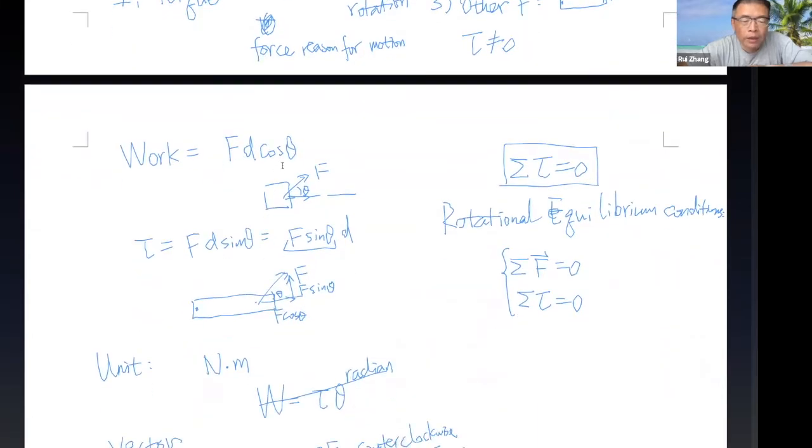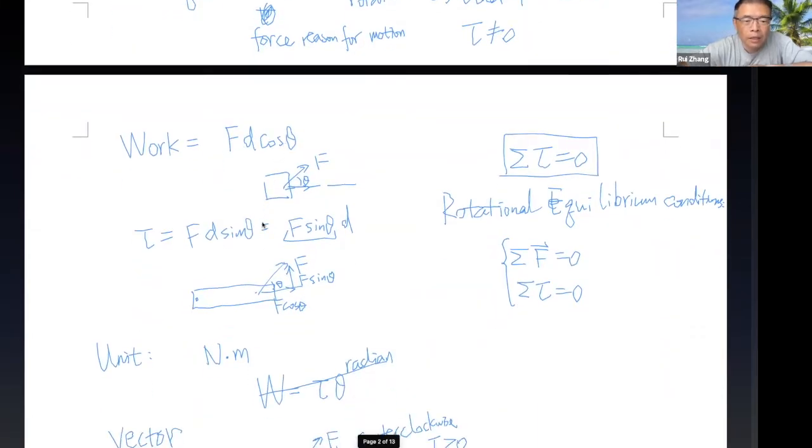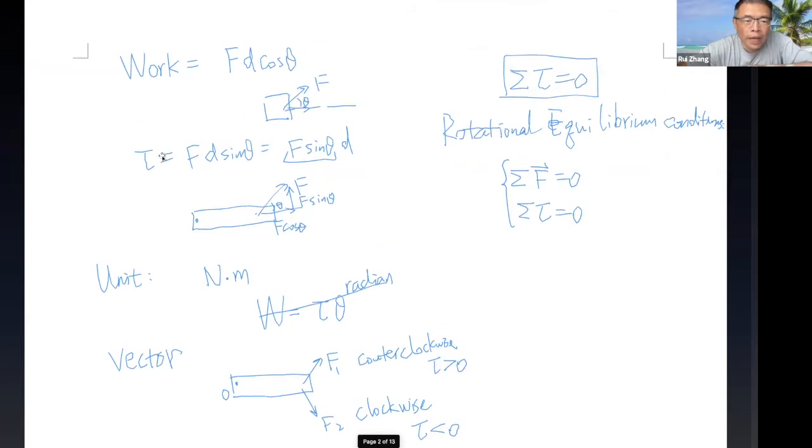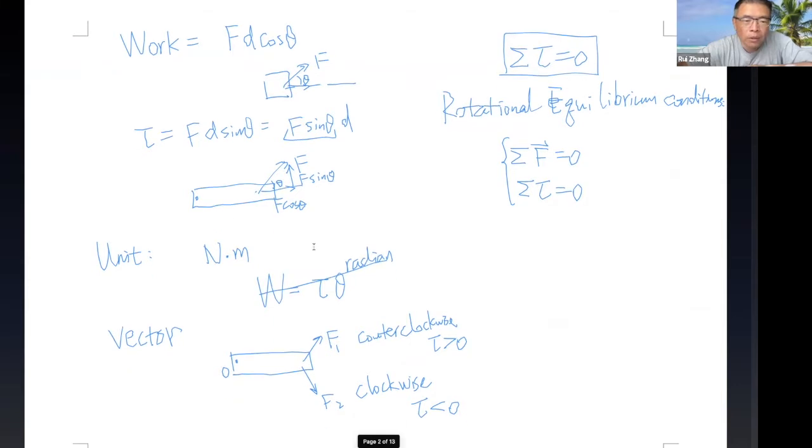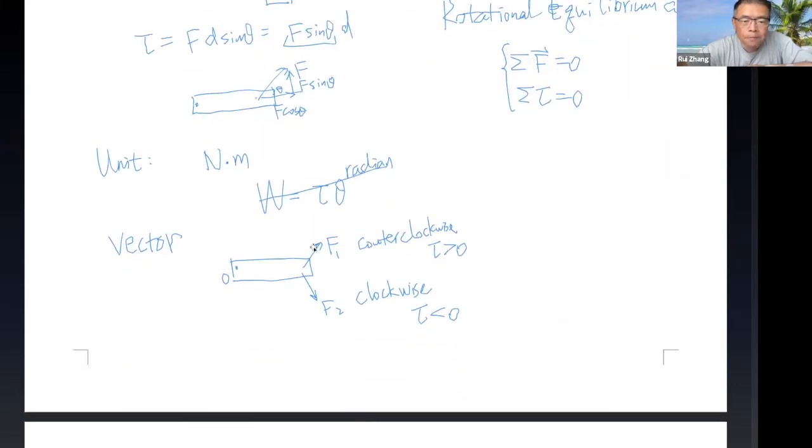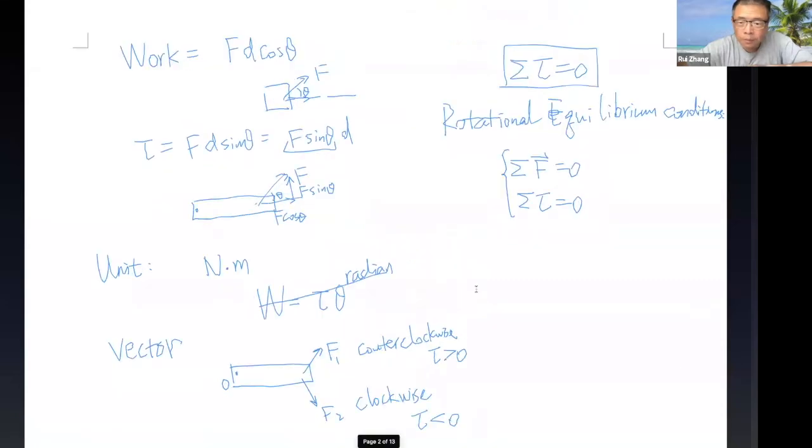Again, the angle theta matters a lot. For torque, the distance d matters as well. You need a non-zero d and a non-zero angle theta in order to get a torque. And torque is a vector. You can either rotate something counterclockwise, which means tau is larger than 0, or clockwise, meaning tau is smaller than 0.